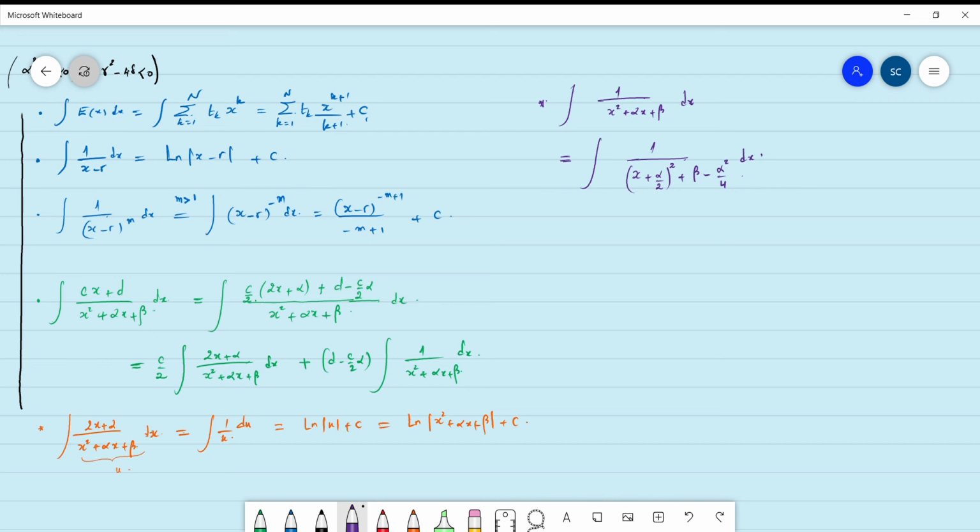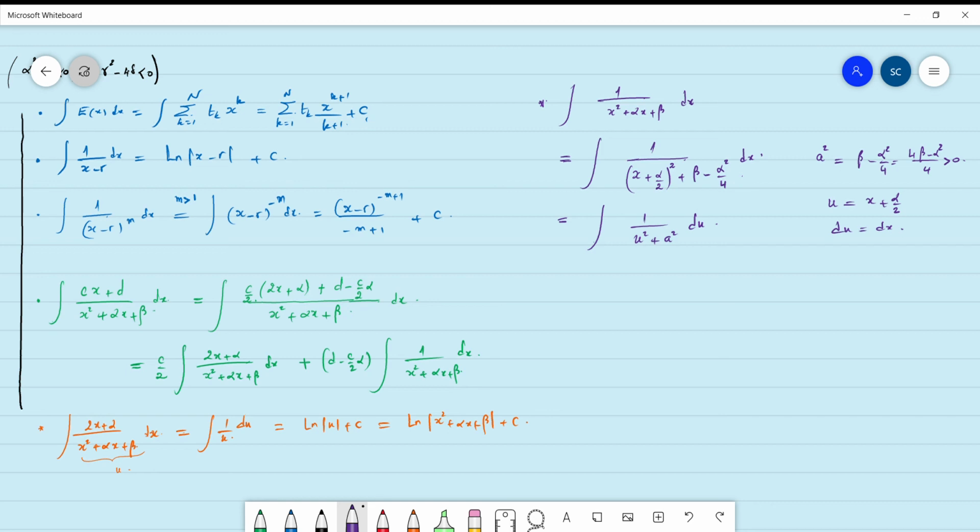Now let's call this constant a squared: a squared is beta minus alpha squared over 4. Remember, it is positive by the assumption we made at the beginning. Set the substitution u equal x plus alpha over 2, so du will be dx. So I will have 1 over u squared plus a squared du.